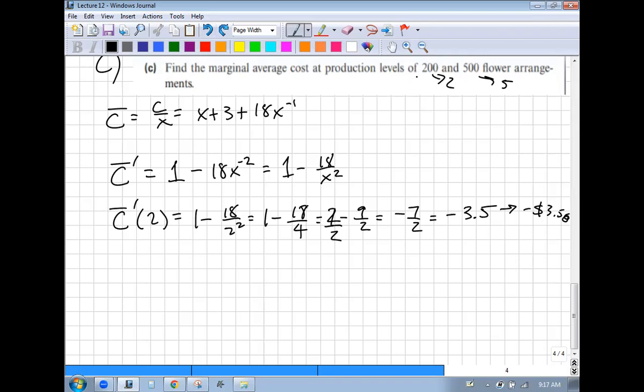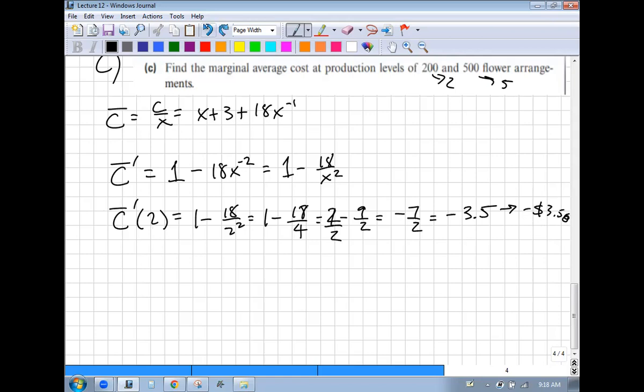The marginal was like, if we go from 200 to 300, how much would it cost per arrangement? The marginal, right, and you know what average is, so we need to put those two words together. So when we go from 200 to 300, the average cost goes down by $3.50 per arrangement.